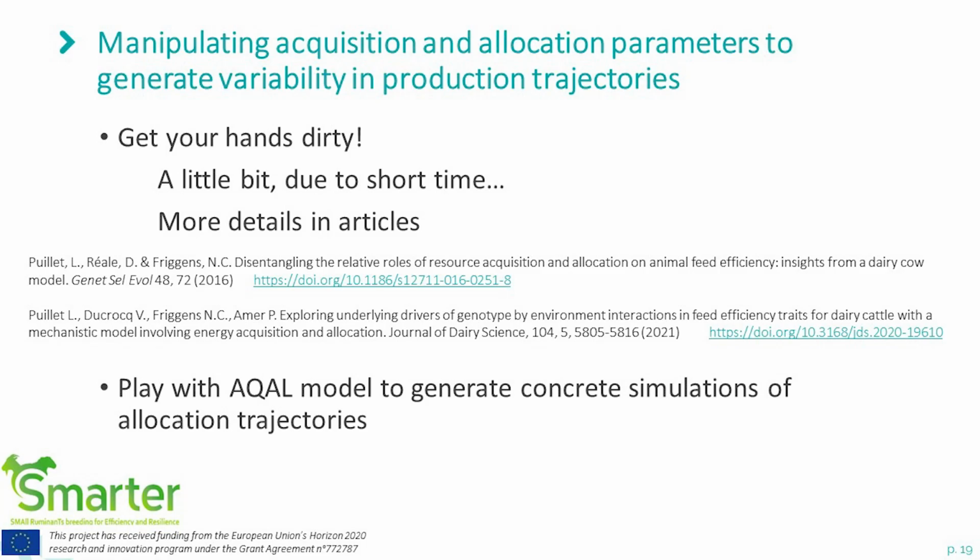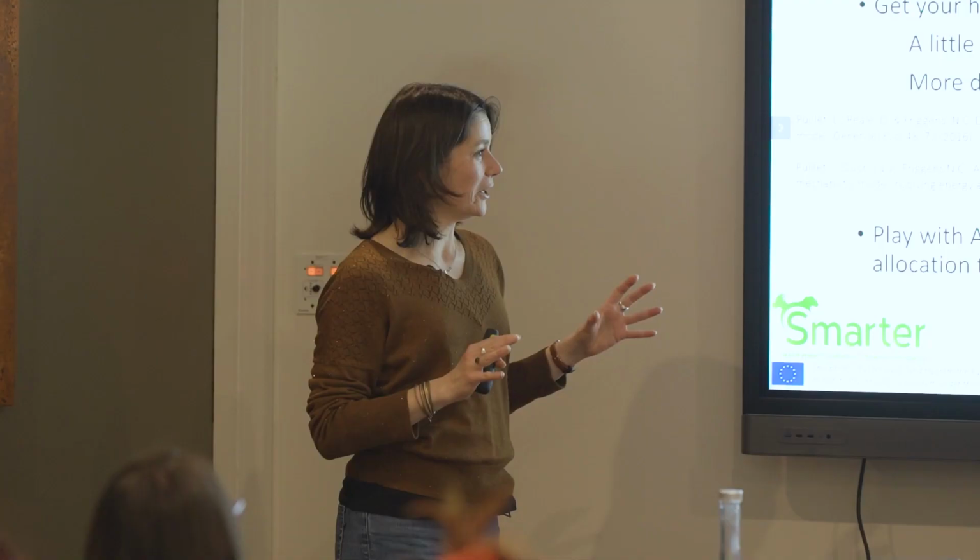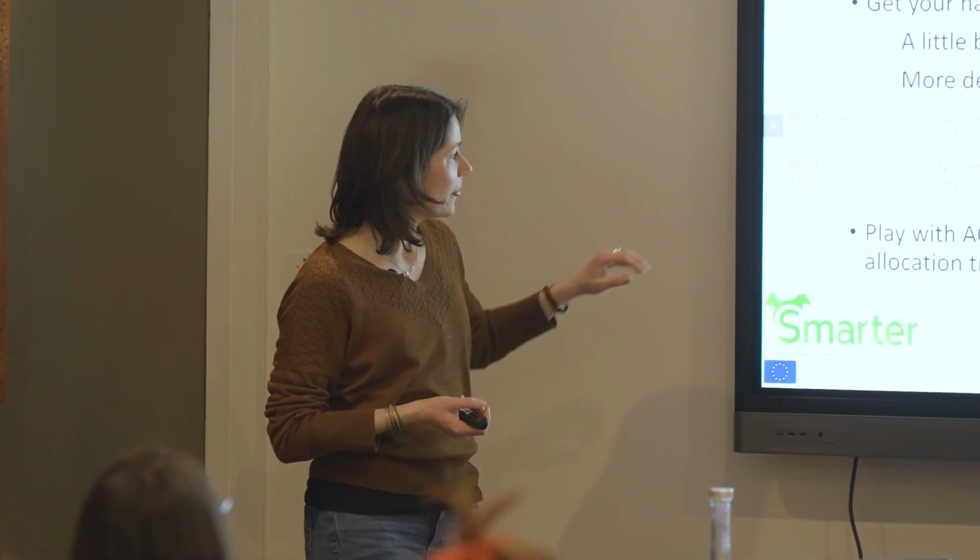And now we will switch to the second part, where you will manipulate acquisition and allocation parameters to generate variability in trajectories. The idea is that you get your hands dirty and really look at the code. But it's going to be tough because the time is pretty short, and I hope we won't have too many practical issues.